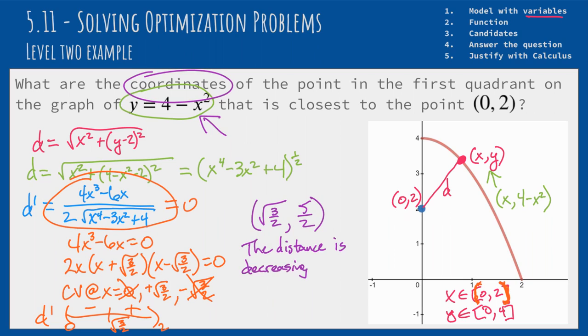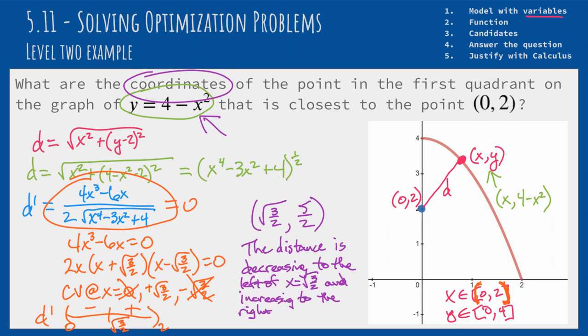Now I'm saying that the value itself is decreasing, and that's because the derivative is negative, to the left of x equals square root of 3 halves, and the distance is increasing to the right.